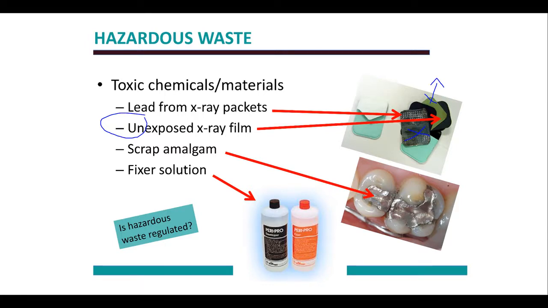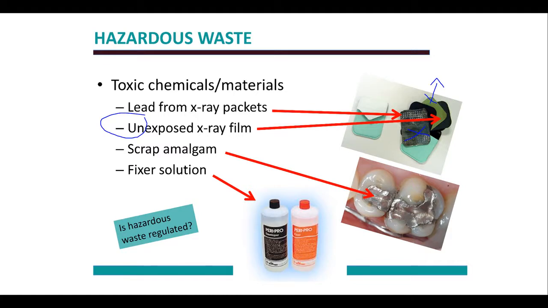Again, there could be many other things that you have in your office that are considered hazardous. You would need to read the manufacturer's instructions on them to see if they're environmentally safe or not. And of course, when in doubt, consult the organization that has the regulation about what is hazardous and what is not. That would be the EPA, the Environmental Protection Agency.